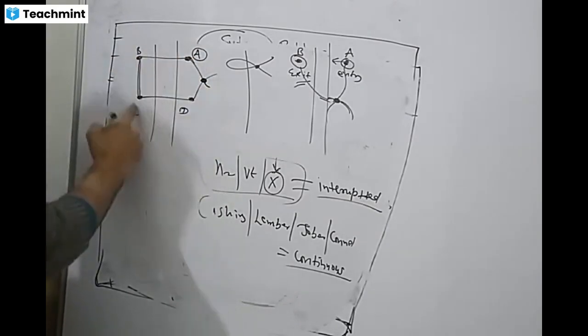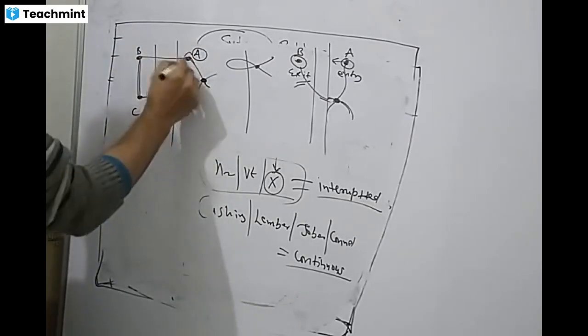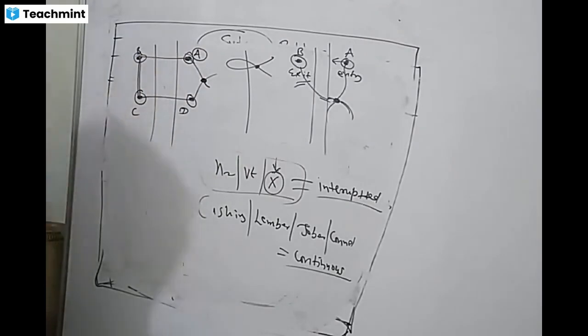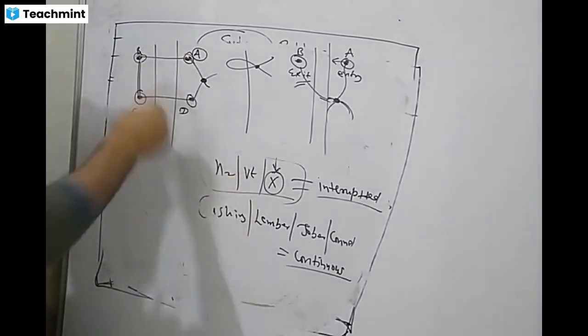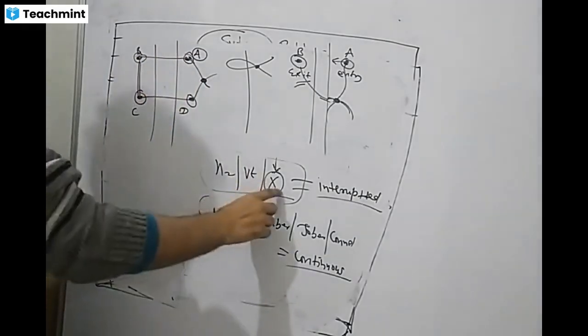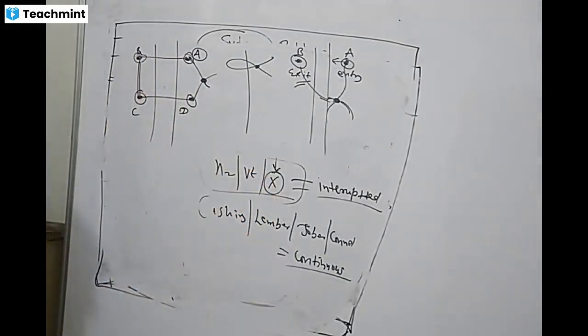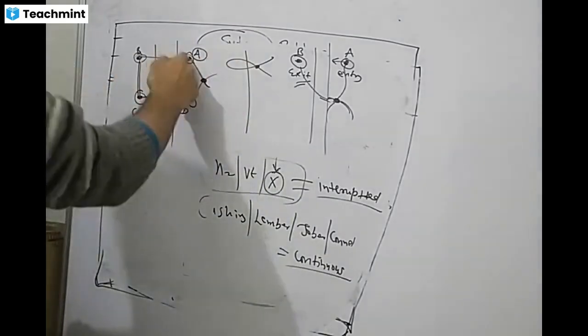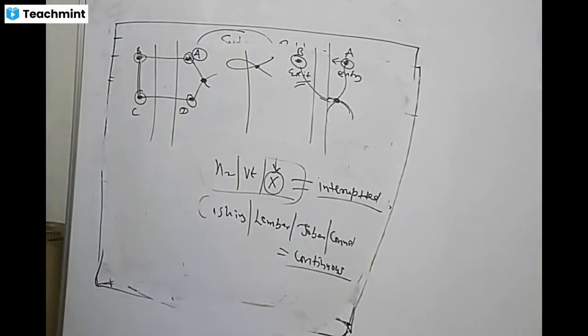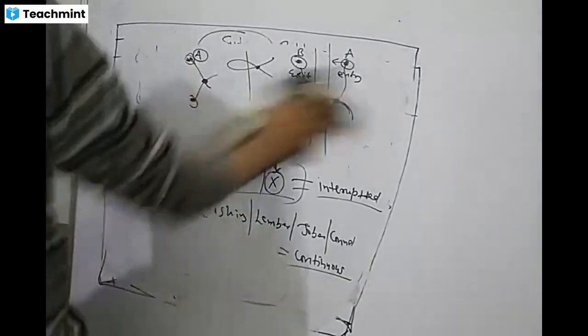So 1, 2, 3, 4. There are 4 points in case of horizontal matrix. Similarly, in case of vertical matrix, there are 4 points. In case of cruciate, there are 3 points or 4 points. So these are multiple penetration points, so we call them matrix suture.